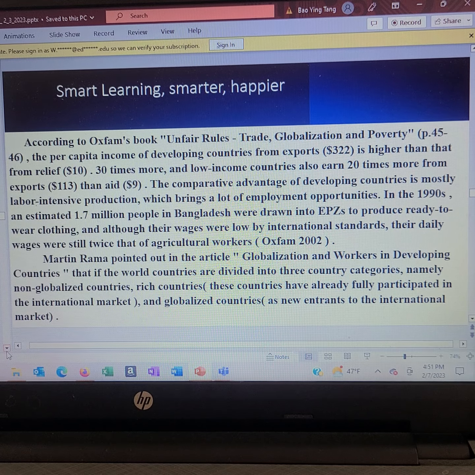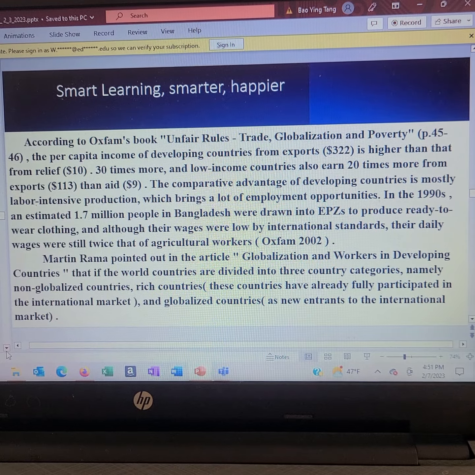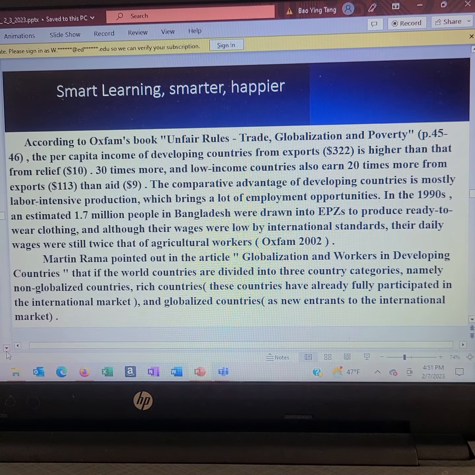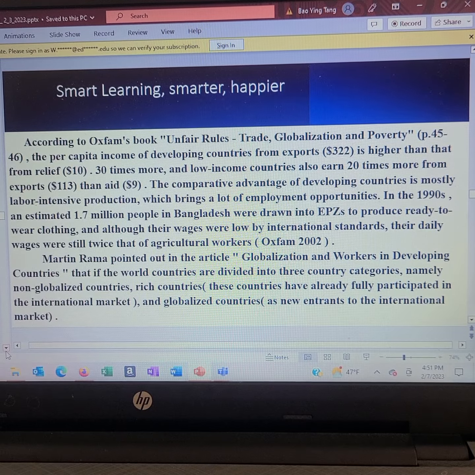opportunities. In the 1980s, an estimated 1.7 million people in Bangladesh were drawn into EPZs to produce ready-to-wear clothing, and although their wages were low by international standards, their daily wages were still twice that of agricultural workers.